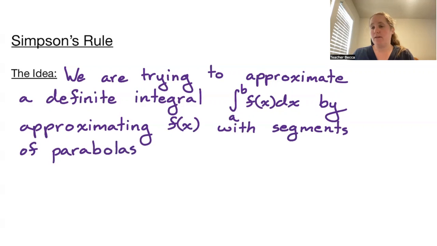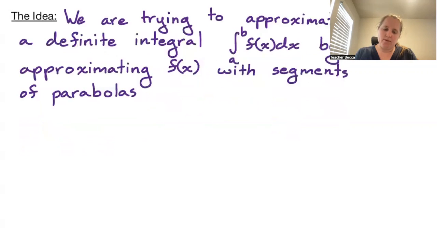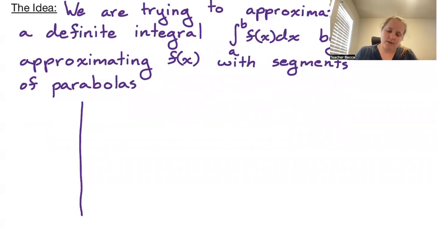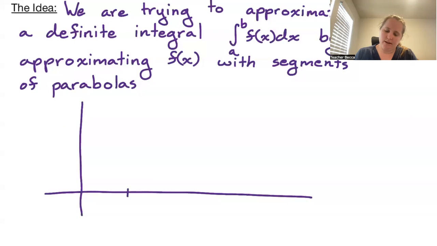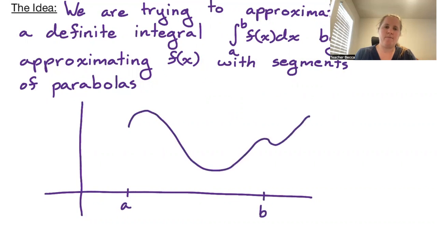For each parabola segment, essentially we need 3 points on a graph of f, and then we can write a parabola through them. So if we have our a and b, and f of x is doing whatever in between, then essentially what we'll do is we'll break the interval from a to b up into subintervals.